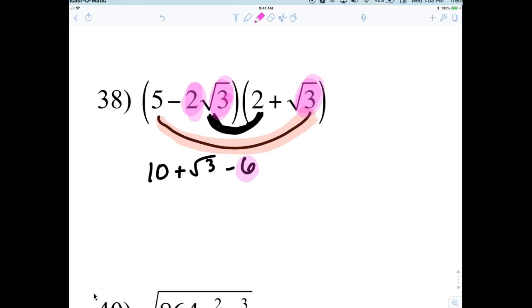There's a 2 out there. What's square root of 3 times square root of 3? 3, Zoe. Right? You agree or not? You sure? All right, kiddo. 10 minus 6. So is everybody happy with 4 plus radical 3?